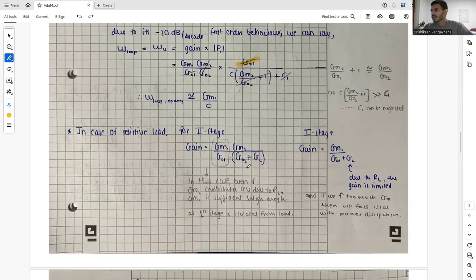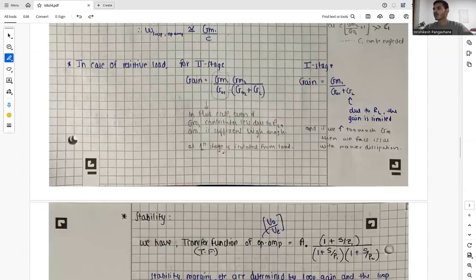GM2 contributes less due to the resistive load, but GM1 is sufficiently high, and we don't have to compensate the gain, as the first stage is isolated from the load. Our GM1 from the first stage is anyway high. So this is the advantage of the two-stage op-amp over the single stage op-amp.